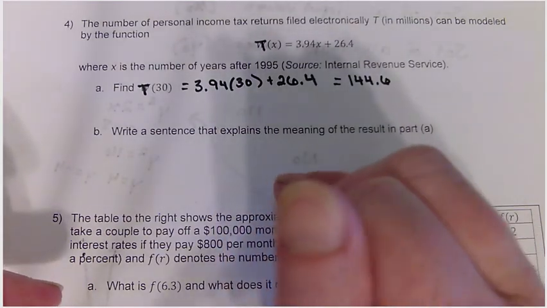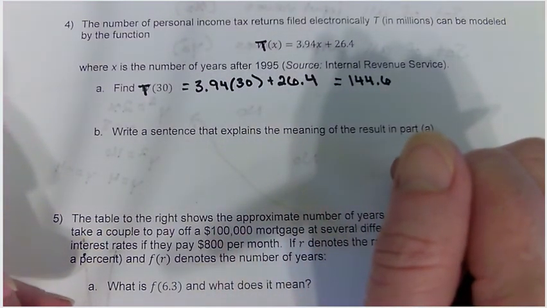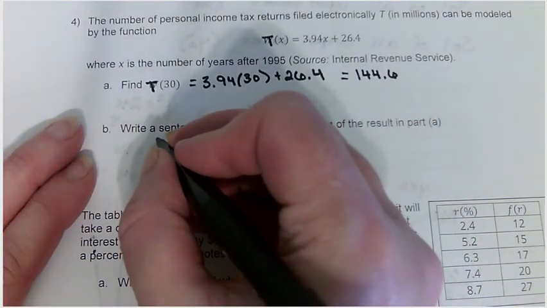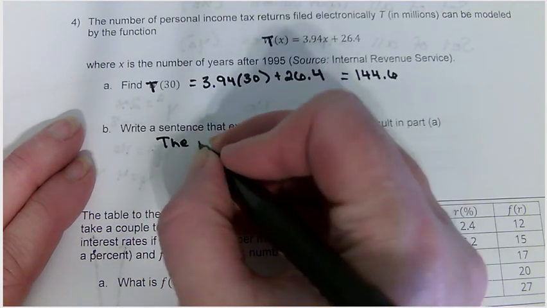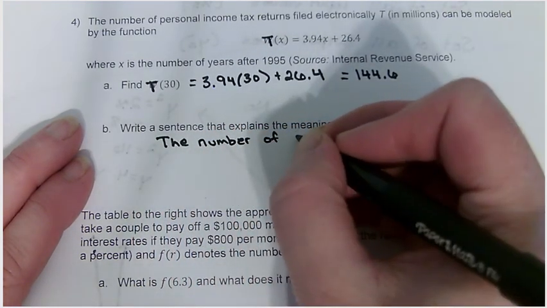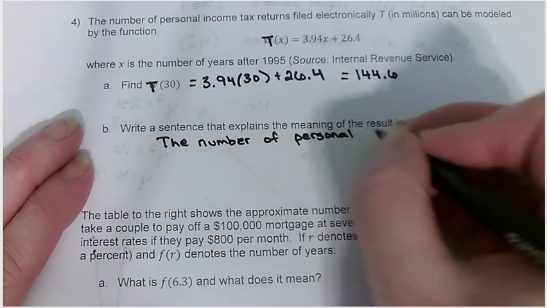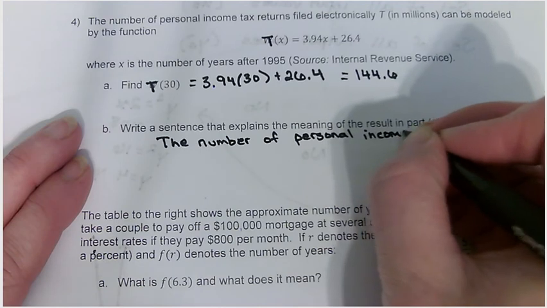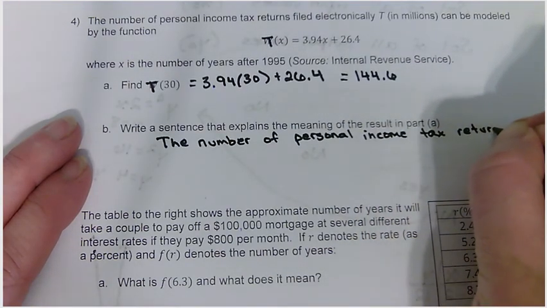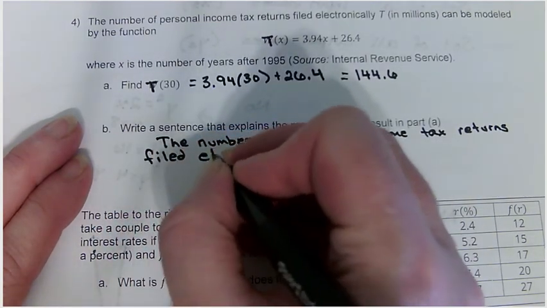But what does this mean? Well, this means the number of personal income tax returns filed electronically.